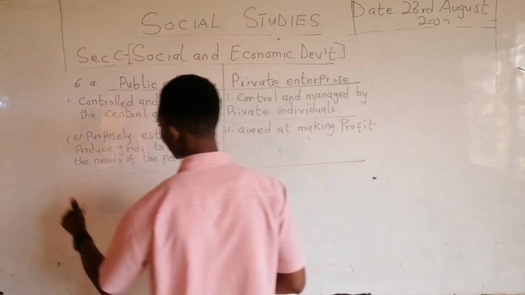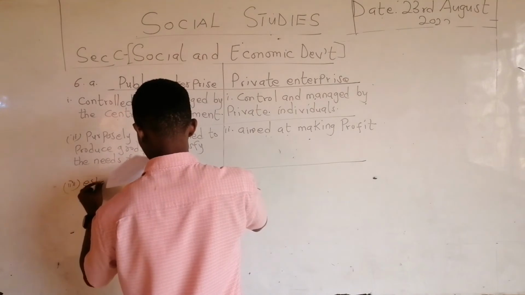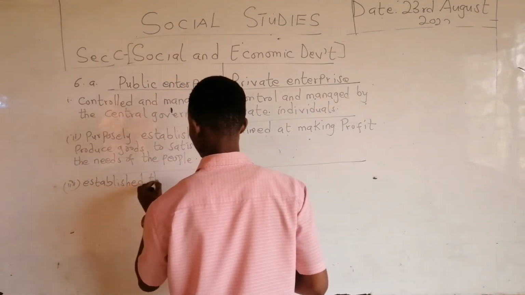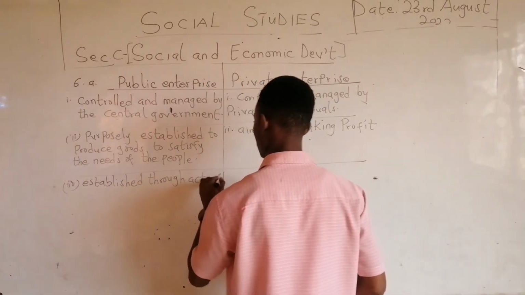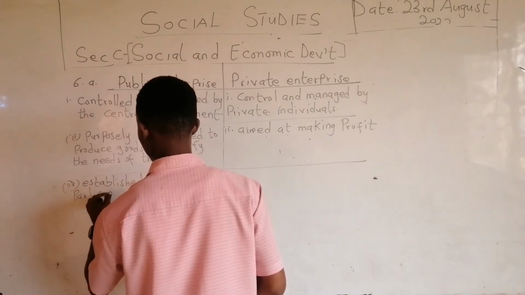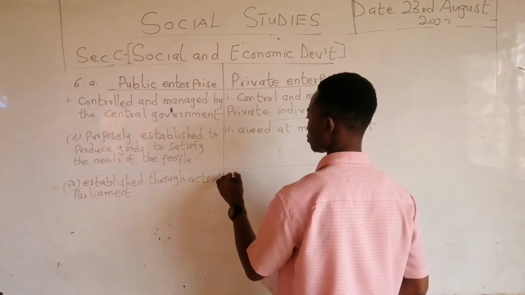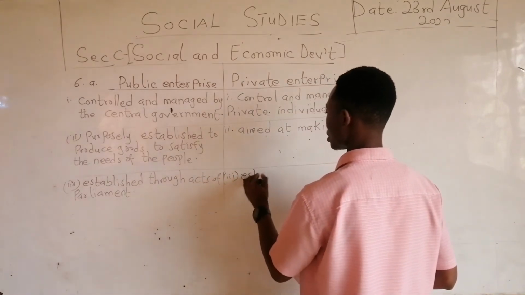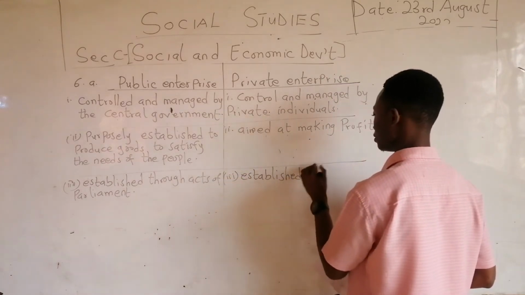We'll talk about how it is established. Established through Act of Parliament, whereas the private is established through the registrar of companies or the registrar general.